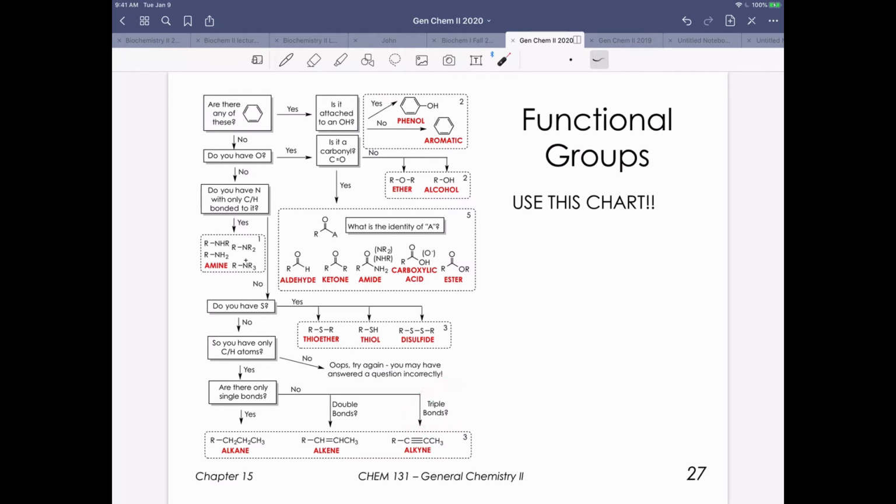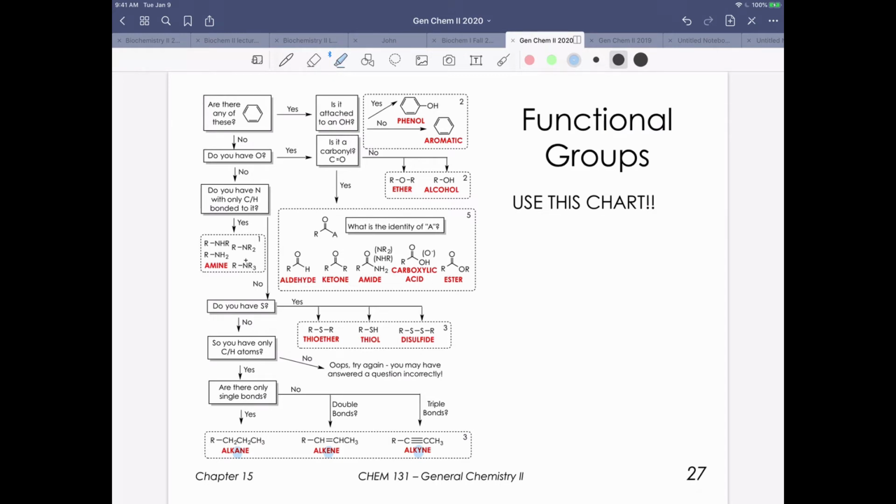Triple bonds, we have an alkyne. So an easy way to help remember this is we've got an A, an E, and a Y. Those are how those appear alphabetically. A is first, so single bonds. E would be second, double bonds. Y is third, so that's going to be triple bonds. So just a little way to help you remember that.